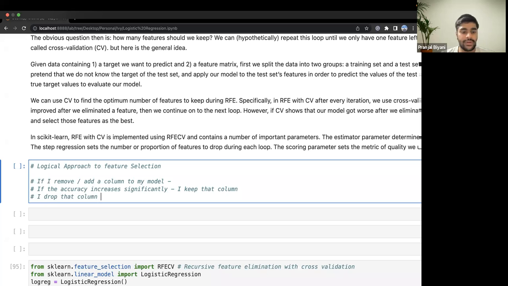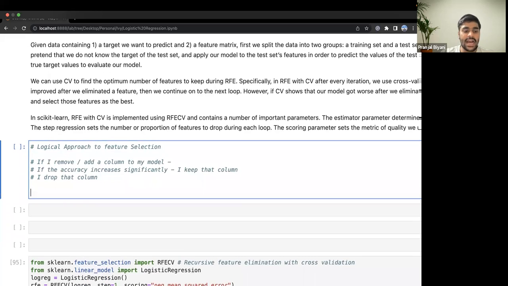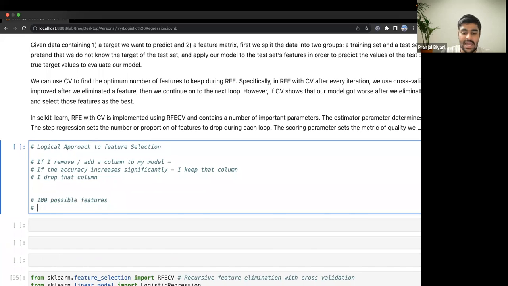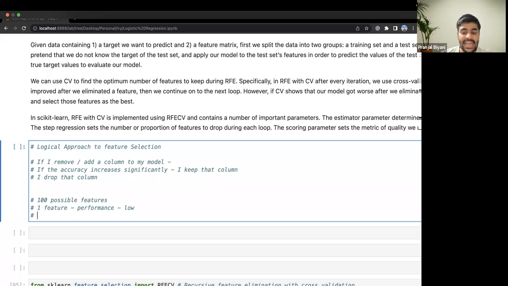Is that clear, everyone? Let's say I have 100 possible features that I can use in my machine learning model. I start with one feature and I observe performance. Obviously, the performance will be very low. Then I add one feature. If my performance increases significantly, that means the newly added feature was valuable.